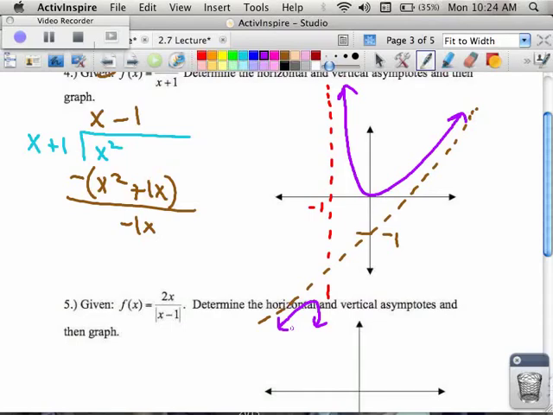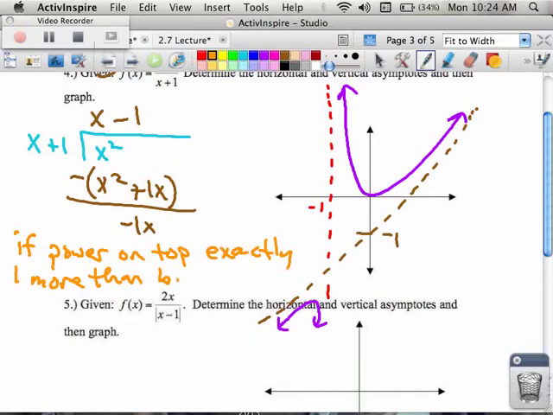And what I want to tell you about slant asymptotes is that there is one if the power on top is exactly 1 more than the bottom.